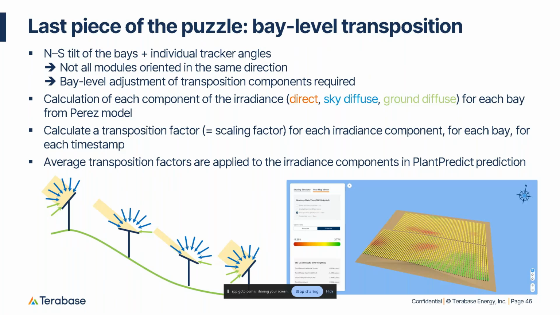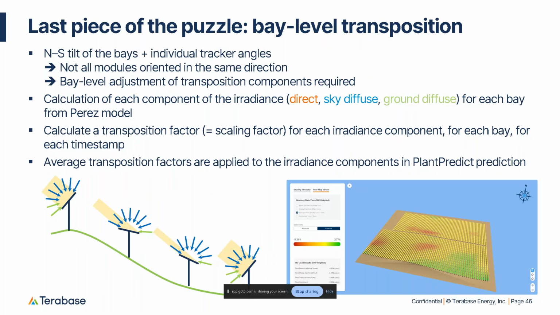Then for each bay, each timestamp, and each of these components, we calculate a transposition factor, which is just a scaling factor from what it would be if it was on a flat surface with a standard rotation angle. And then we average these factors across all the bays, and we pass for each timestamp one scaling factor for direct, one for sky diffuse, one for ground diffuse.